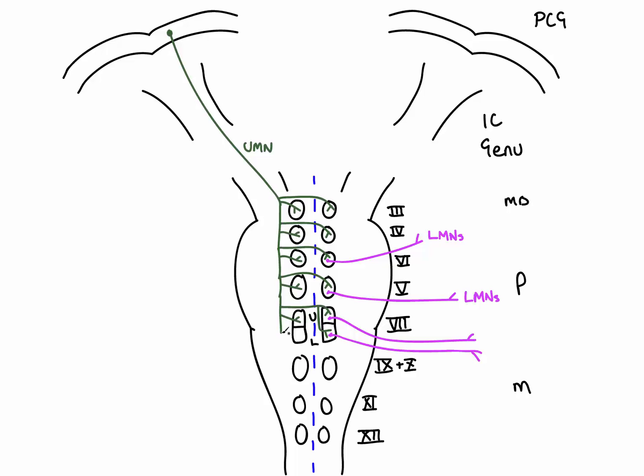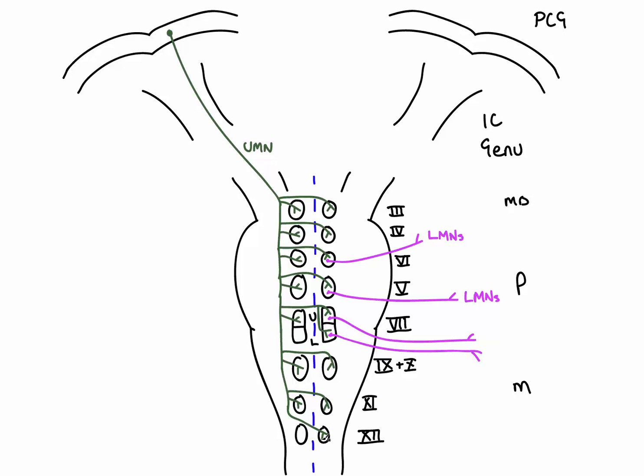If we then follow this down, we go towards the nucleus for the glossopharyngeal and the vagus nerve, and we see this returns to bilateral innervation. And the same rule applies for the accessory nerve. The final exception to this is the hypoglossal nerve, which only receives contralateral innervation.